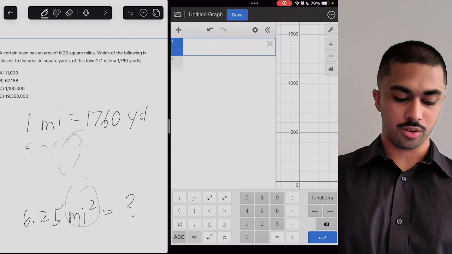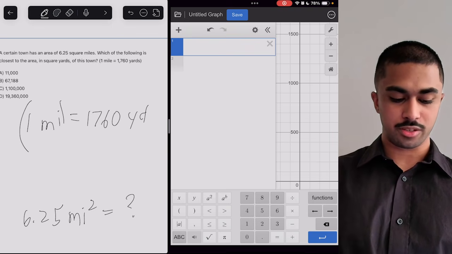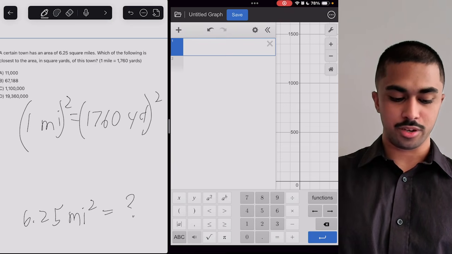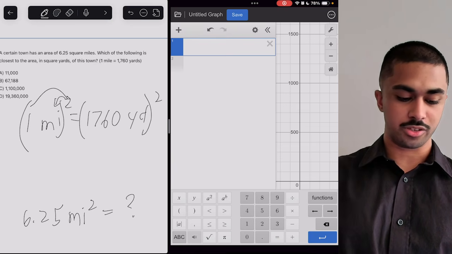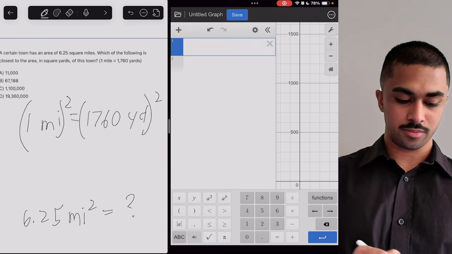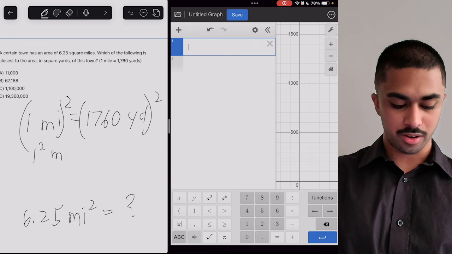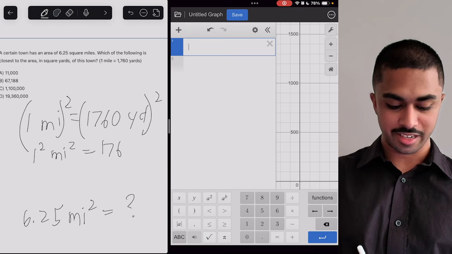So what we want to do first is we want to square both sides. And when you square something, the square distributes. That's just an exponent rule. So 1 squared miles squared equals 1760 squared yards squared.